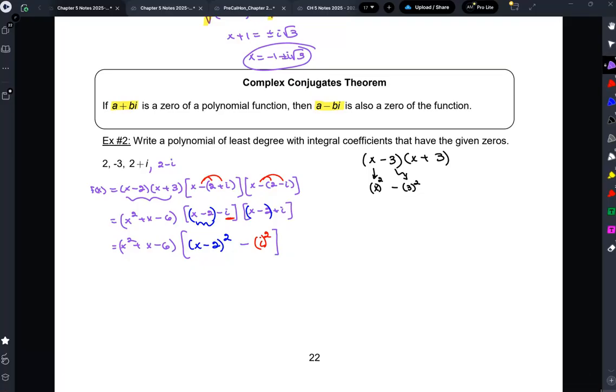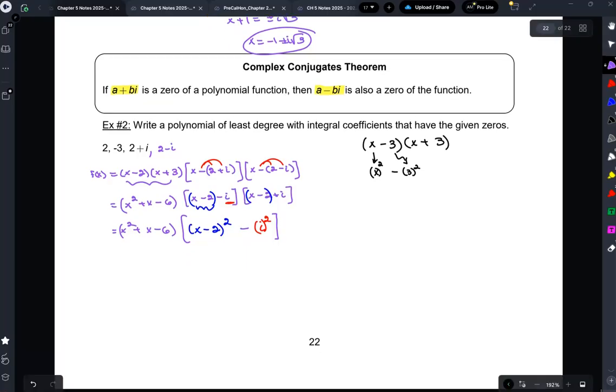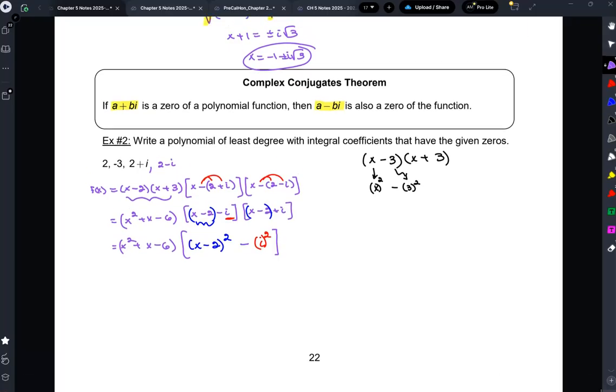And how are you going to remember to do that? You're going to practice. Okay? So x squared plus x minus 6. Okay, here. How do you square the blue? Tell me. What do we get? x squared minus 4x plus 4.